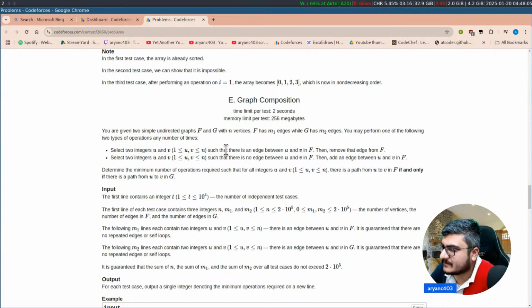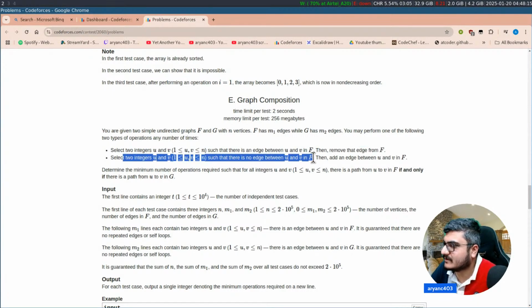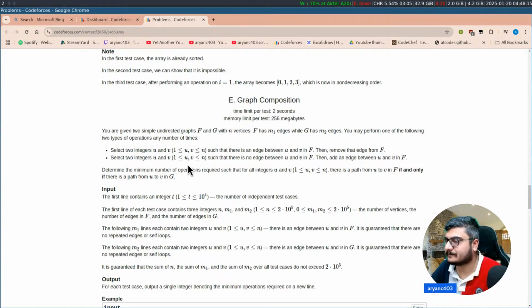Select two integers u and v such that there is an edge between u and v in F, and then remove that edge from F. Select two integers u and v such that there is no edge between u and v, and then add an edge between u and v in F. So basically you choose a pair. You either add an edge between them or you remove an edge from them. And you have to find the minimum number of operations such that for all pairs of integers u and v, there is a path from u to v in F if and only if there is a path from u to v in G.